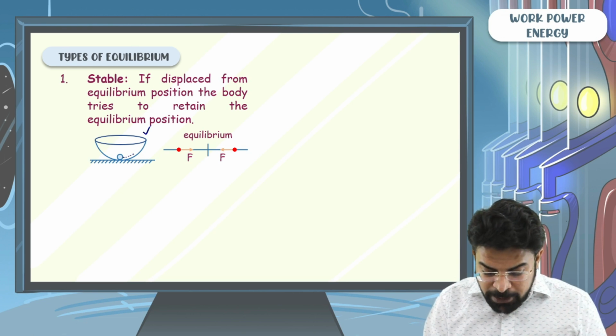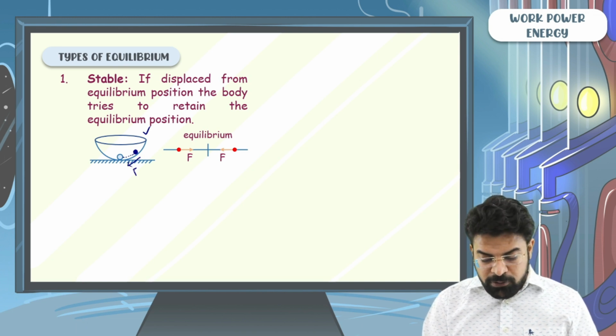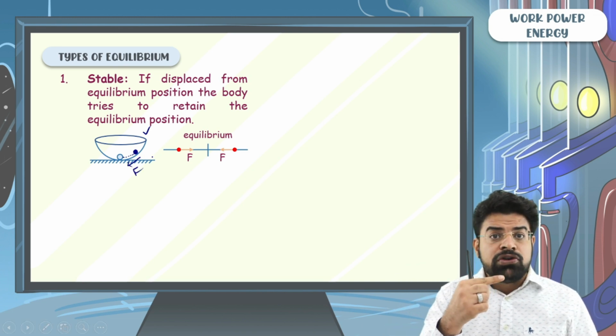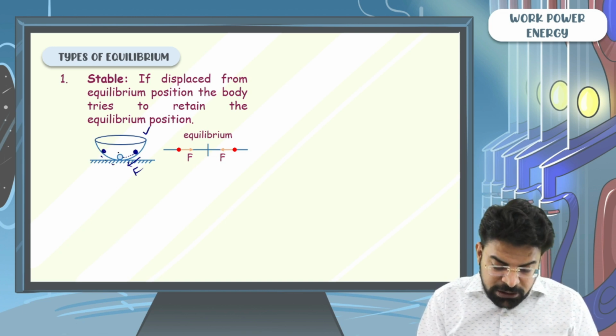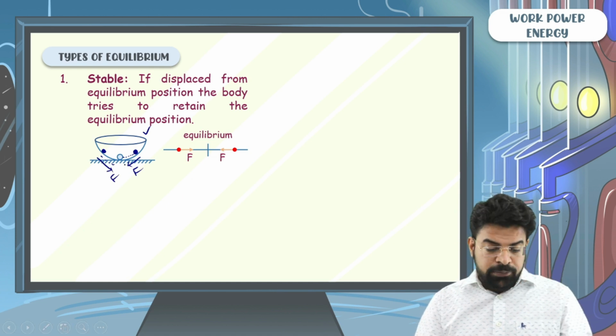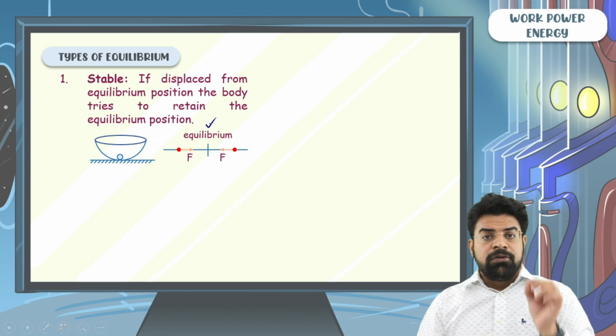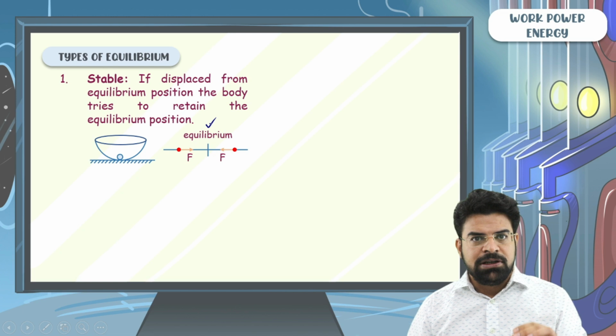When we move the pebble a little bit towards the right, the force is backwards, trying to bring it back to the original equilibrium position. And when we displace it a little bit towards the left, it has a net force towards right, trying to bring it back. So when displaced from equilibrium position, if the particle tries to re-attain the original equilibrium position, that is the case of stable equilibrium.